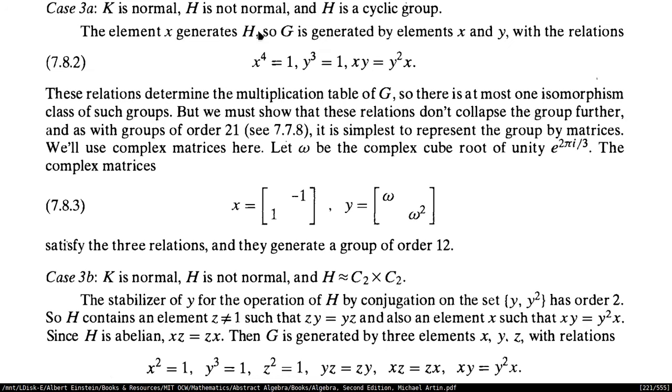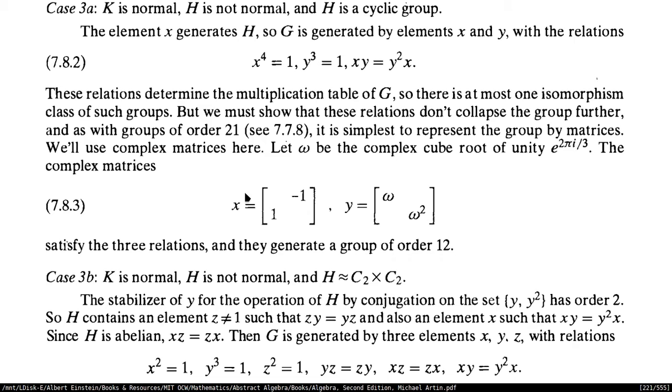If x to the fourth equals 1 and y cubed equals 1, then there are at most 12 elements. So if you show that there are at least 12 elements, then that gives you the order 12.